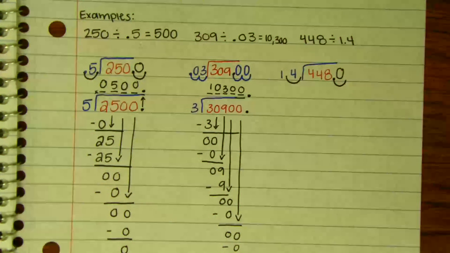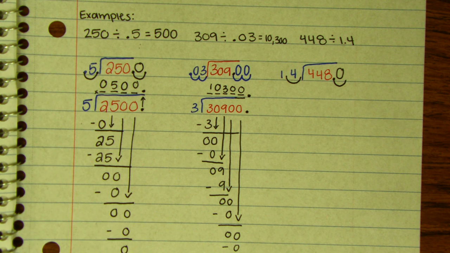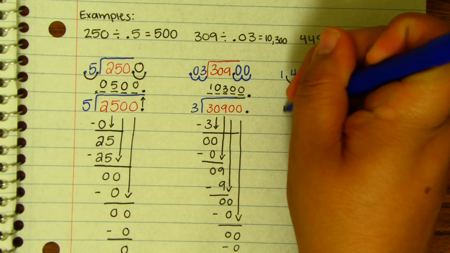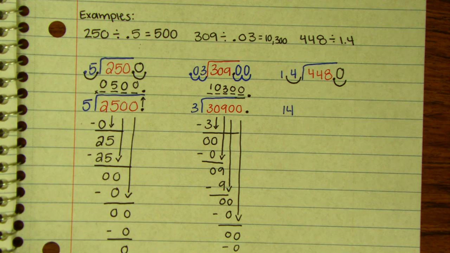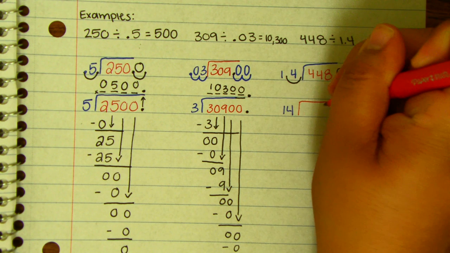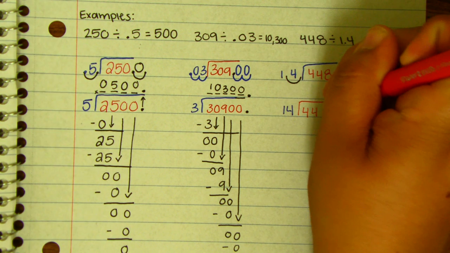So let me rewrite the problem. I'm going to have 14, and I am going to divide it into 4,480.